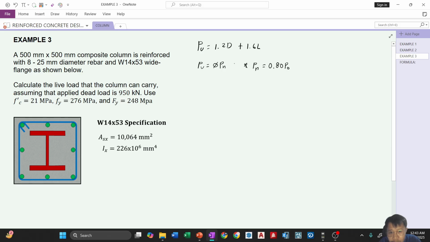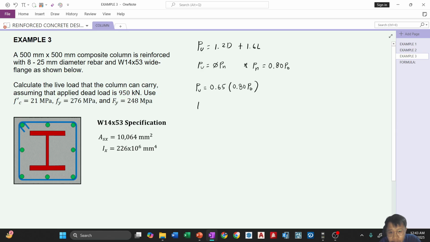Now, ano naman yung magiging reduction factor natin dito? For tied column, this is 0.65. Okay? So, Pu now is equal to, again, yung reduction natin ay 0.65 times yung Pn natin na 0.8 P sub 0.